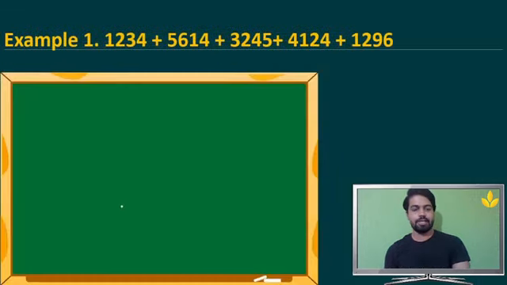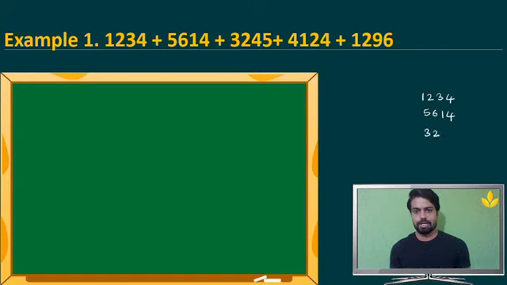Okay, let me take an example here. 1,234, 5,614, 3,245, 4,124, 1,296. How are we going to add this? Usually we write this down one by one, which is time consuming, right?